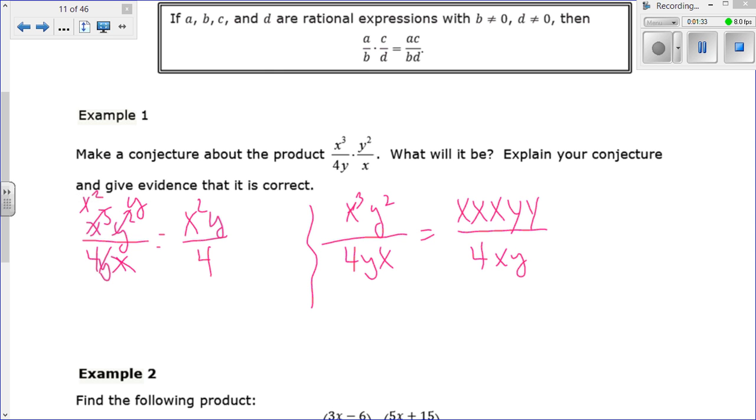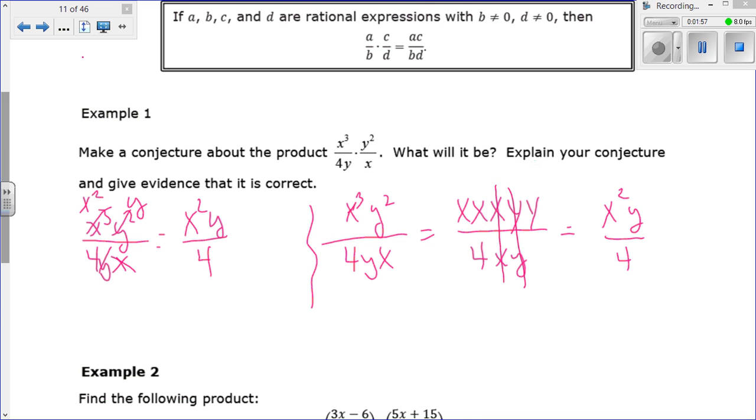So I know that this x can go with that x and this y can go with that y. And if I look at what I have left over, I have x squared and then y over 4. So I get the same answer both ways.